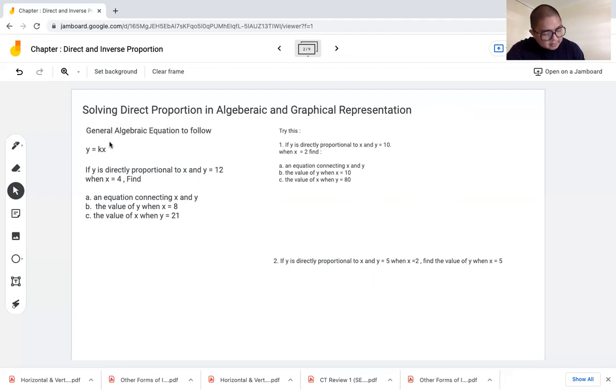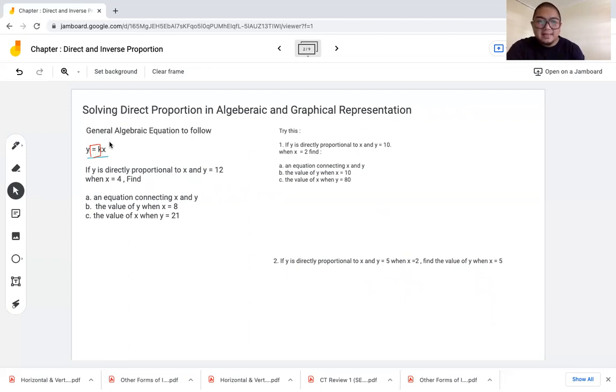In this case, the basic equation is y is equivalent to kx. Now, if we are given a problem, the best way for us to understand is to know what this part of the equation tells us in terms of the mathematical statement.